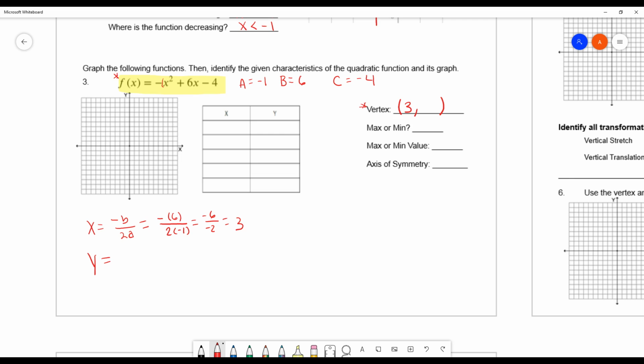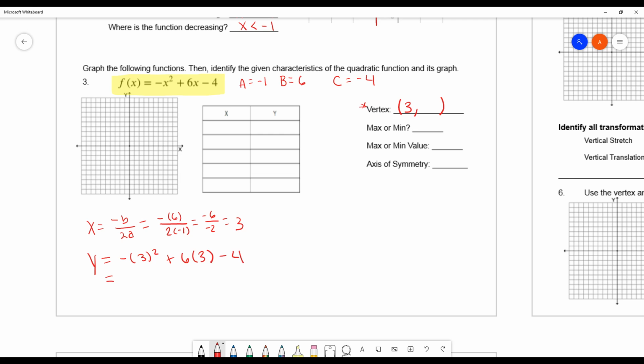So this up here, okay, and let me erase that. Keep this a little tidy. So if I go back to this, I'm basically just going to rewrite my function, but replace all of the x's with a 3. So I'm going to have negative 3 squared plus 6 times 3 minus 4.